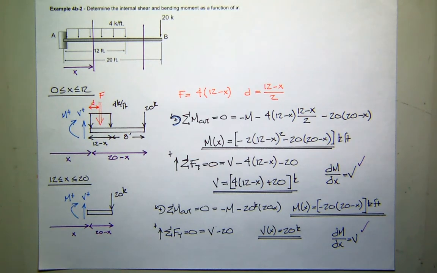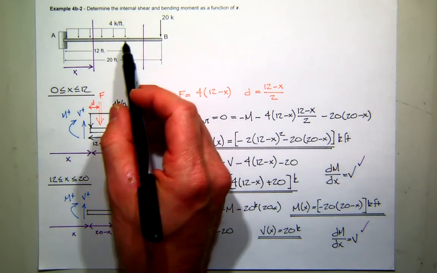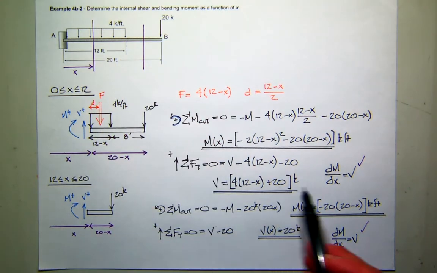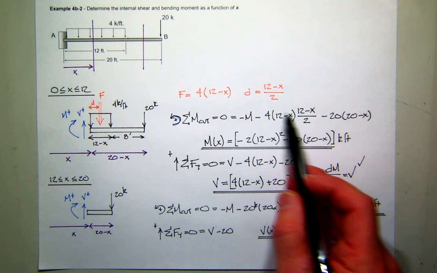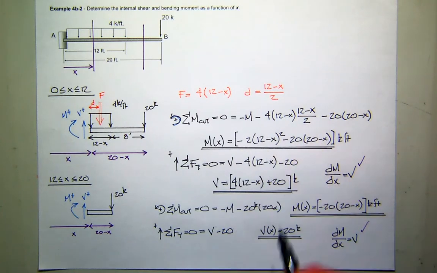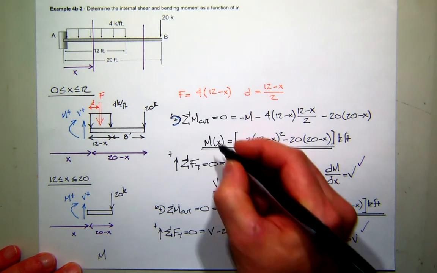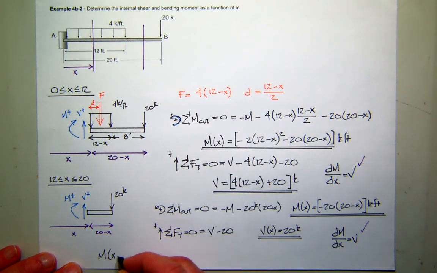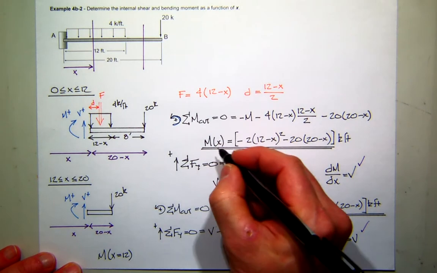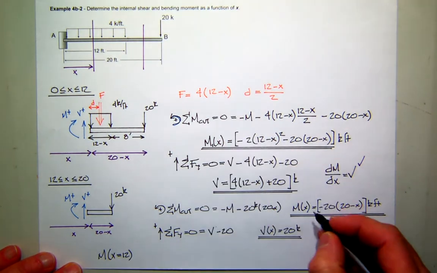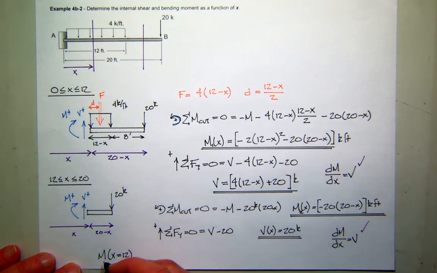Now, where these two things match, we ought to see some continuity. So at x equal 12, if you go up here to this moment expression, somebody put in x equal 12 there and tell me what you get. I'm going to go back and call this moment 1 and call this moment 2. So what's the value for moment 1 at 12?